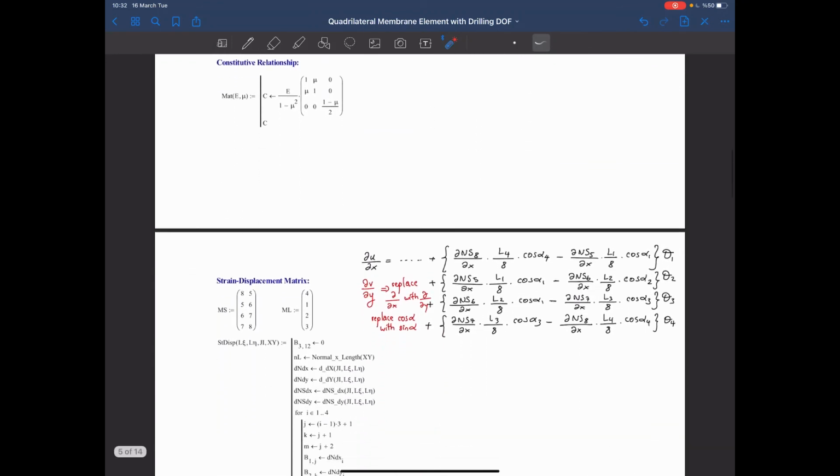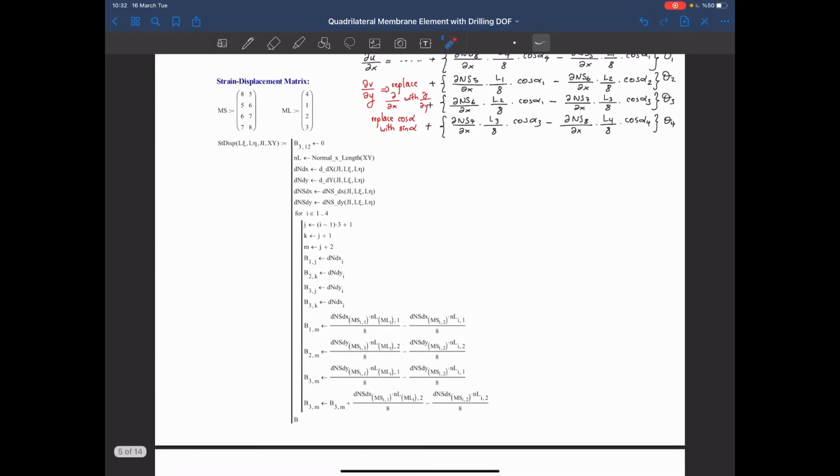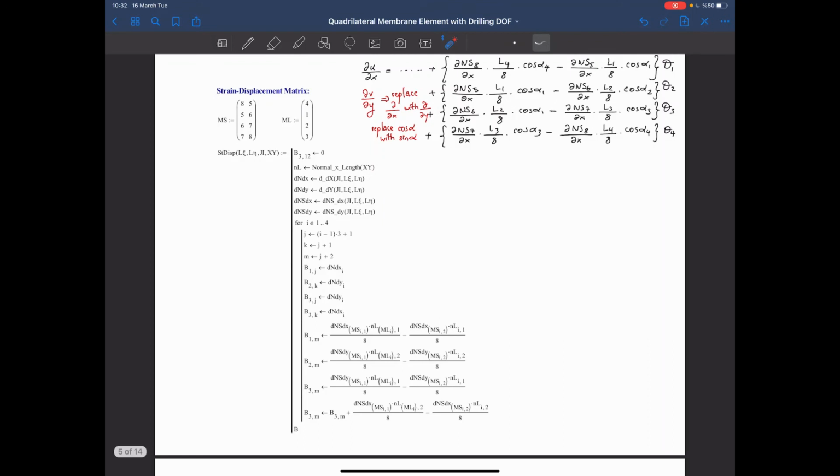Now let's take a look at the strain displacement matrix. As we discussed, this first part is exactly the same as the bilinear element. There's no change in that. But this part is our new interpolations for the rotations, the effect of rotations on the strains. Now the axial strain is this one.